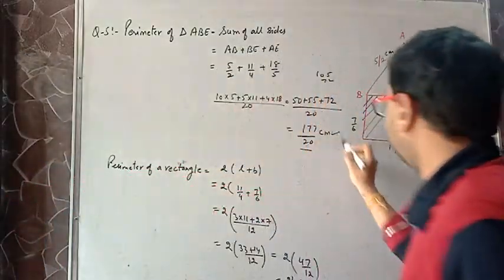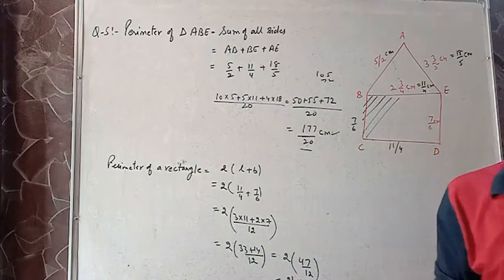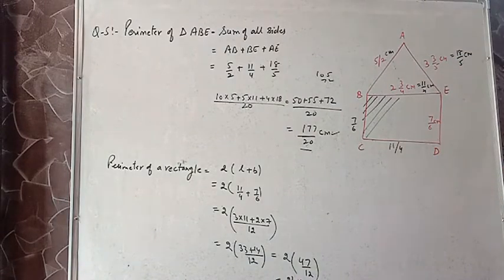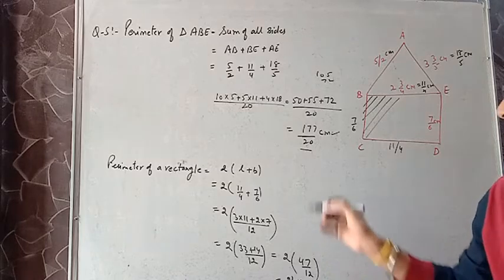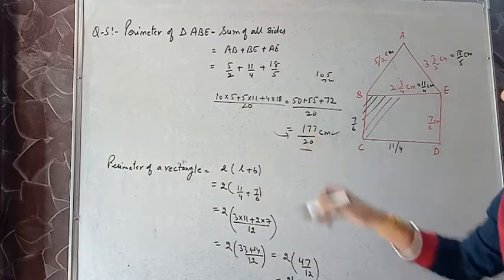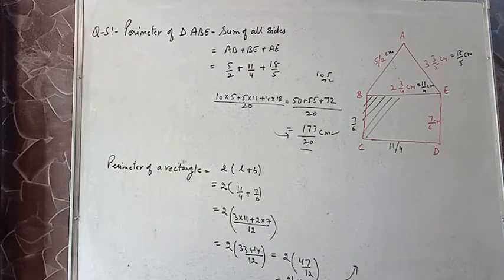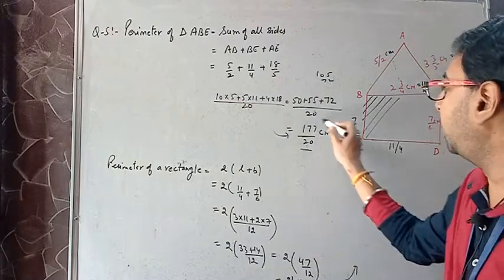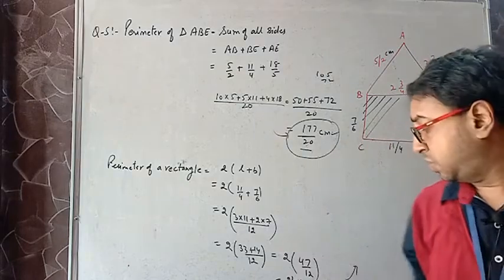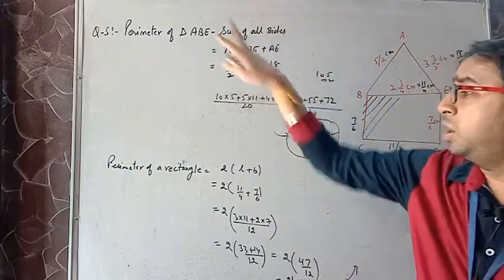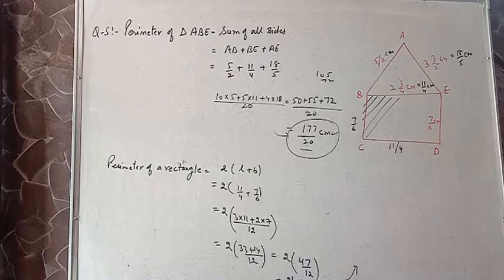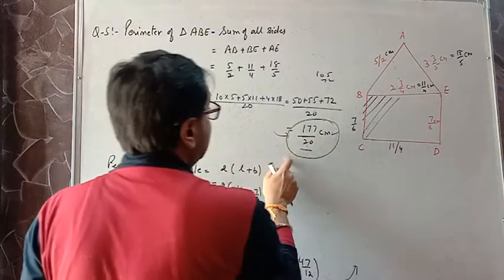So how to compare, it is asked whose perimeter is greater. You can convert these into mixed fractions if you want, and we can clearly see the perimeter of which is bigger. The perimeter of the triangle is bigger.